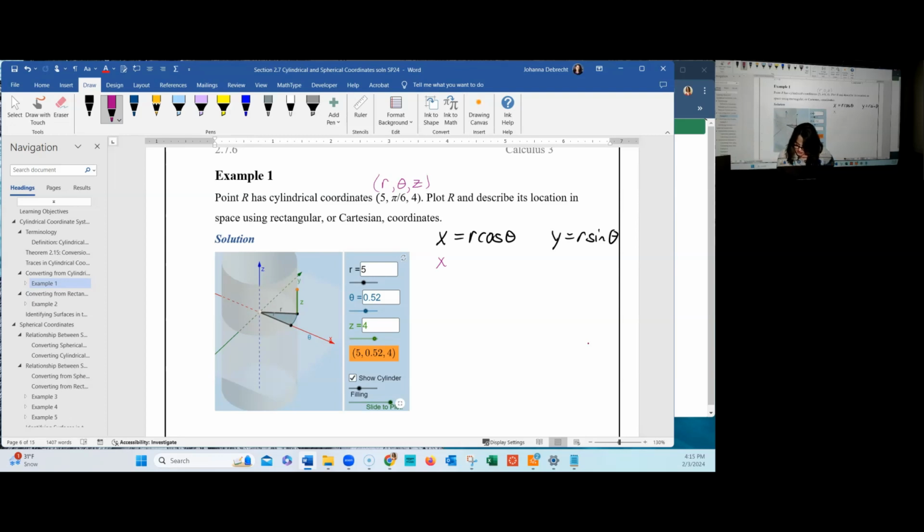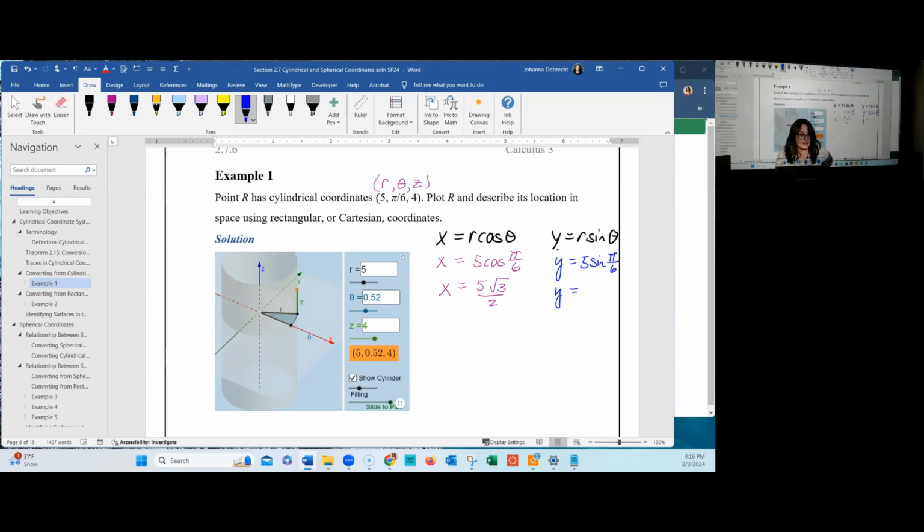I can plug these values into my equations, and I get 5 times the cosine of pi over 6. The cosine of pi over 6 is square root of 3 over 2. So I get 5 square roots of 3 over 2 for the x coordinate in the rectangular system. Now I'm going to do something similar for y, with r again being 5. This time I take the sine of the angle pi over 6, which is 1/2.